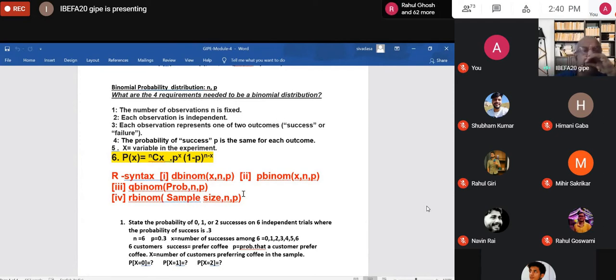So let us start with the very first probability experiment, binomial experiment. Binomial experiment is when your outcome belongs to either success or failure. Whereas normal distribution is when variables are non-countable, measurable.